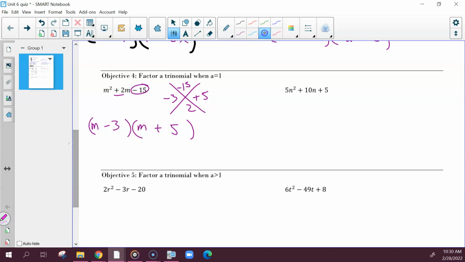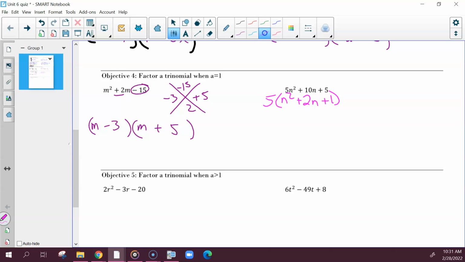With the second one, look and see if it has a GCF first. It does. So we'll do it with the GCF like you saw it and like you didn't see it. So if you see that this has a GCF, go ahead and divide it out. So you would have n squared plus 2n plus 1 left.